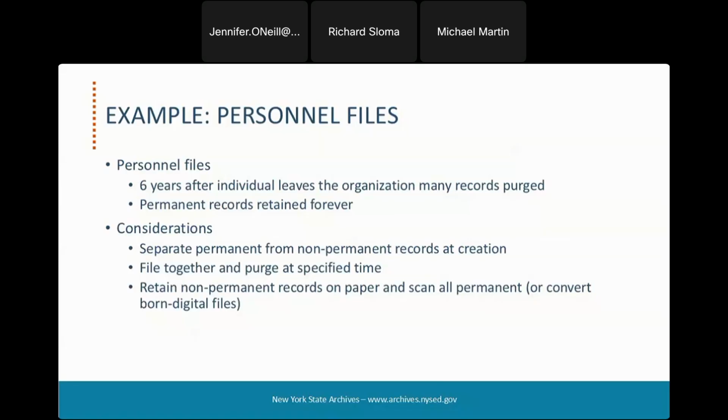Okay, so now we're going to document. Documenting details is going to ensure that the correct records are maintained in the file. You're identifying what records can be disposed of 6 years after a person leaves the organization, in the case of personnel, and whether any records must be kept permanently.